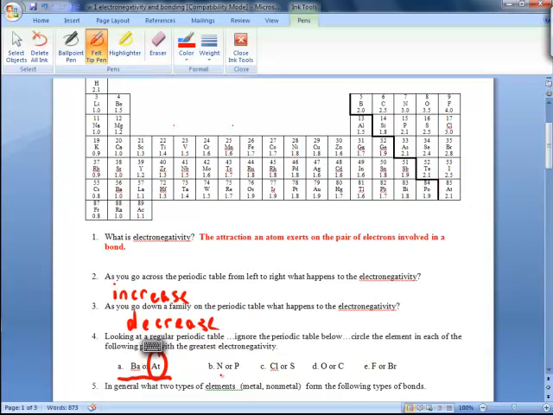Nitrogen and phosphorus, which one has the greatest electronegativity? Of course, as we go down a family, we get to lower electronegativities. So the greater electronegativity is going to be the one that's higher on the periodic table.